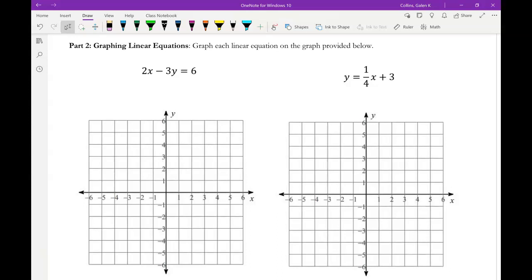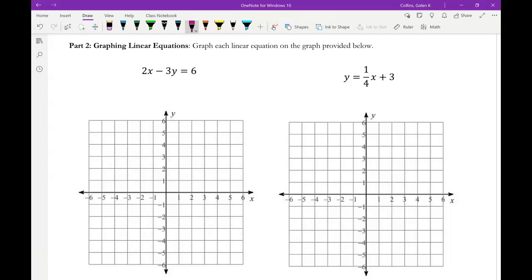We could actually graph all equations 2 ways, maybe more than 2, probably like a million ways, but 2 that come to mind. So in part 2, to me, an easy way to graph is to find the intercepts, if and only if the intercepts are integers. So if I get like 1.8 for my x-intercept, as we did in this unit, I'm probably not going to graph that way.